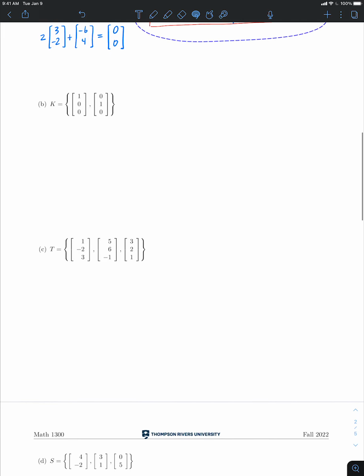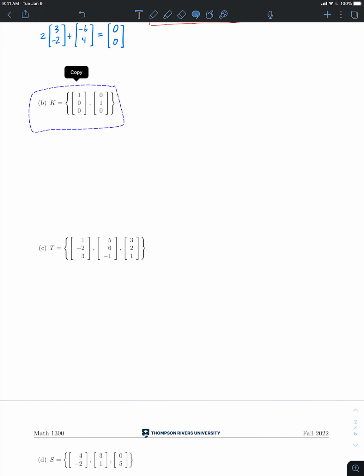But if you want to say that this is a linearly independent set, it's not enough to just show that some choice of weights doesn't work to give you the zero vector. What you have to do is show that it is impossible to write the zero vector as a linear combination of these two vectors, no matter what the weights are.